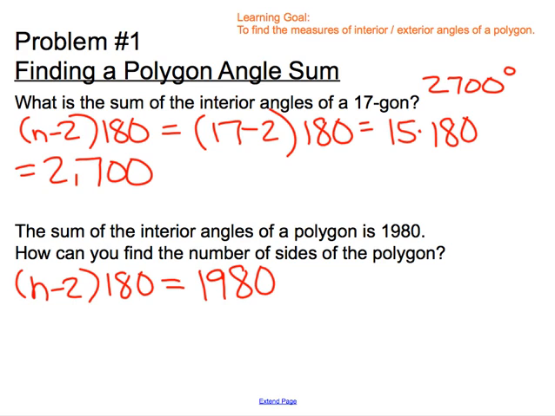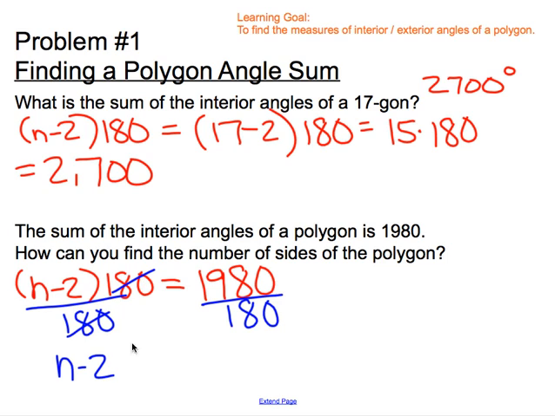Our first step in this case is going to be to divide both sides by 180. So we divide over here by 180 and over here by 180. When we do that, we find that n minus 2 equals 1,980 divided by 180, which is 11.